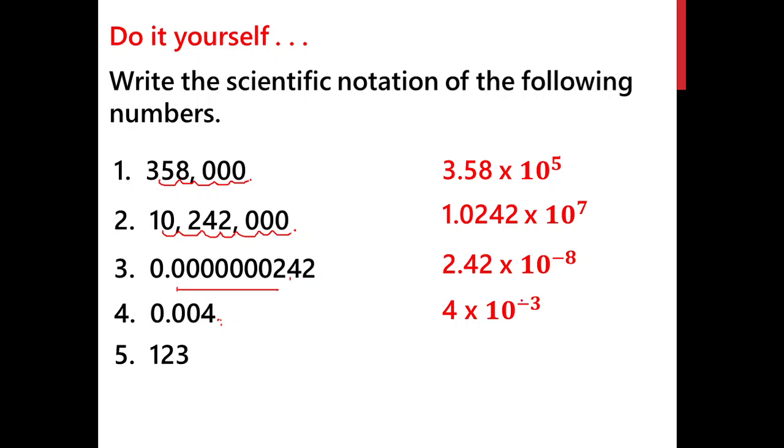That's why 3 is a negative number, because we're counting going to the left. Next, we have 123. Again, place your decimal in between the first and second non-zero number. So you have 1.23 times 10 to the power 2, because from here, you just count the number of decimal places going to its original position here. That's 1, 2. And then you're counting going to the right. That's why it's positive.